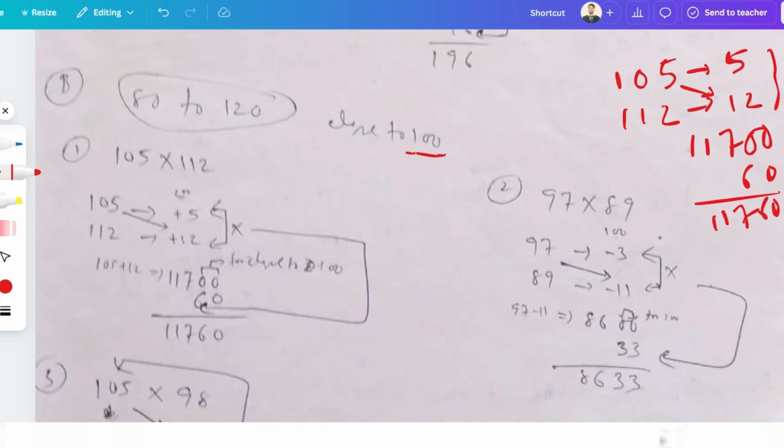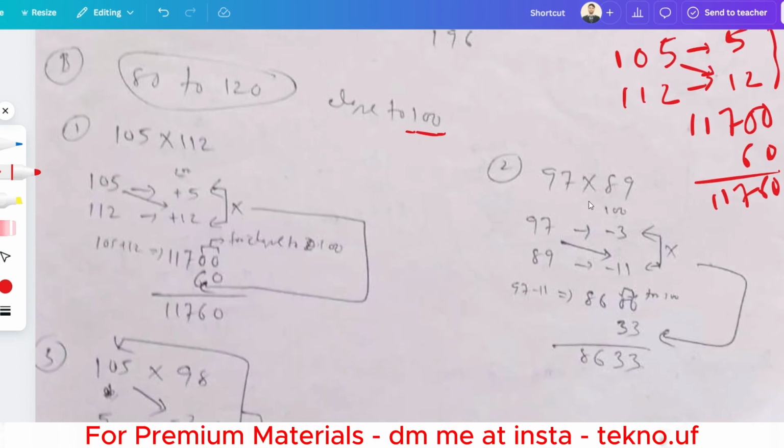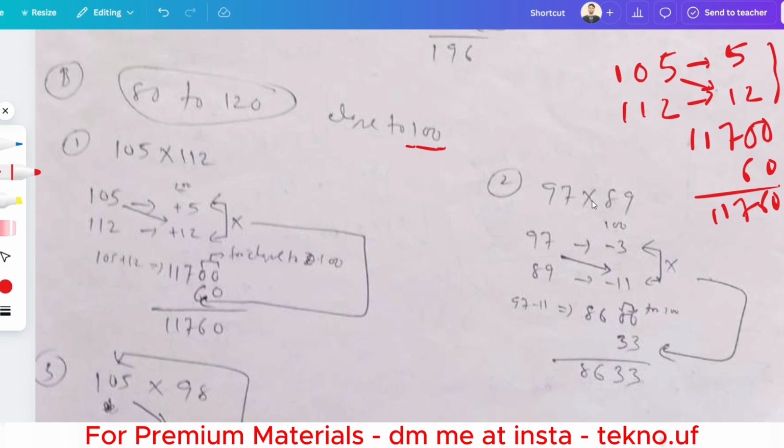What if you calculate 97 into 89? For this case, 97 and 89, right? 97 is 100 minus 3, so you have to add minus 3 here, and 89 is minus 11. As we did earlier, 97 minus 11 is 86, and as it is close to 100, you have to add 00 here.